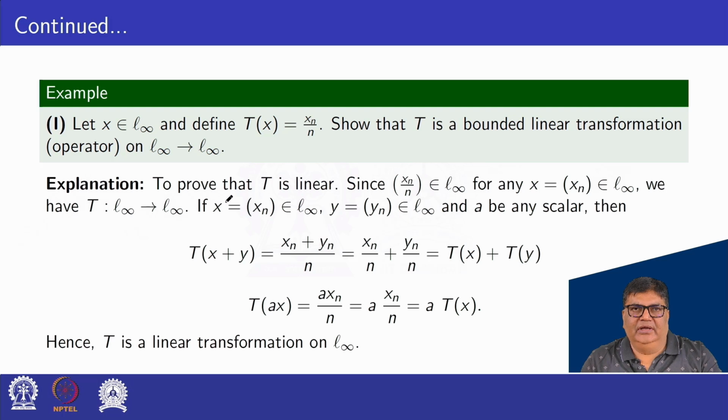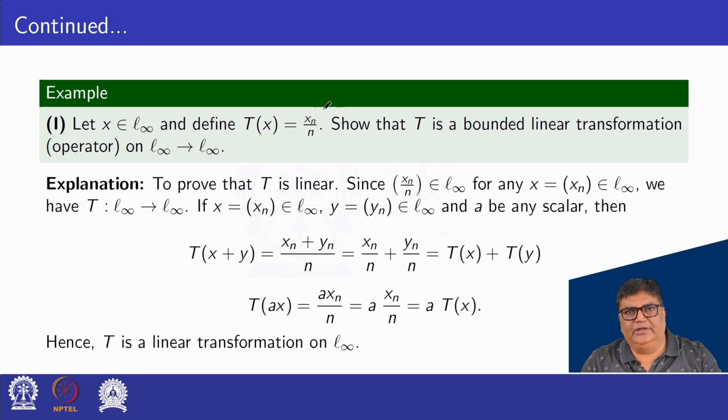Suppose x equal to xn and y equal to yn are both elements of L infinity, and a is any scalar. Then Tx plus y, where Tx is defined as xn upon n, can be written as xn plus yn upon n, that is xn upon n plus yn upon n.